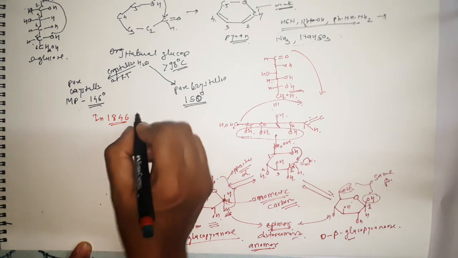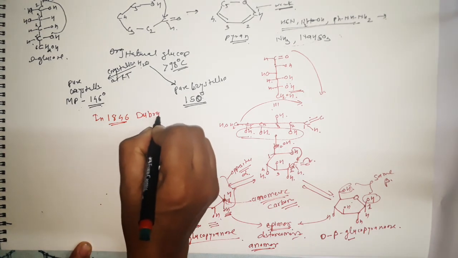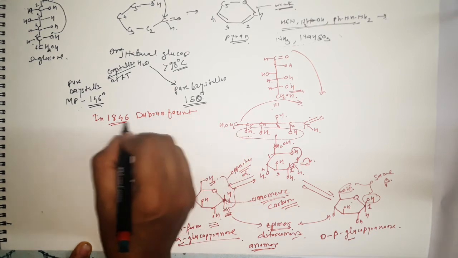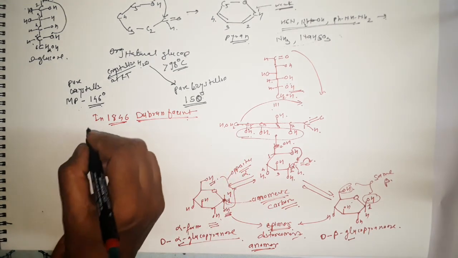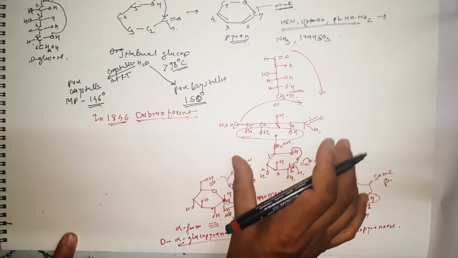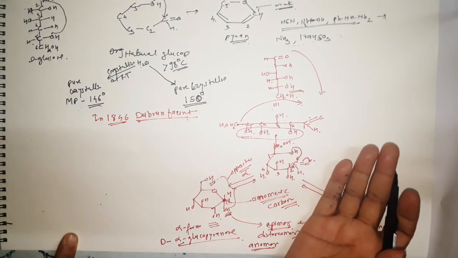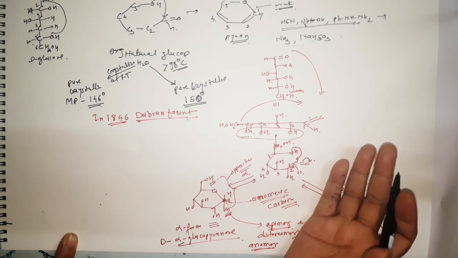In 1846 a scientist discovered that when this glucose was dissolved in water, and he took the optical activity of the solution, the optical activity gradually changed from the initial value.